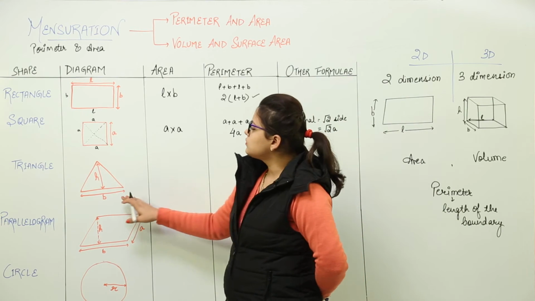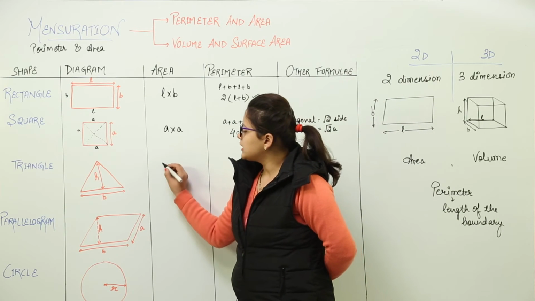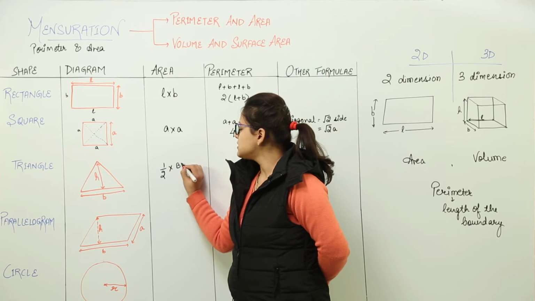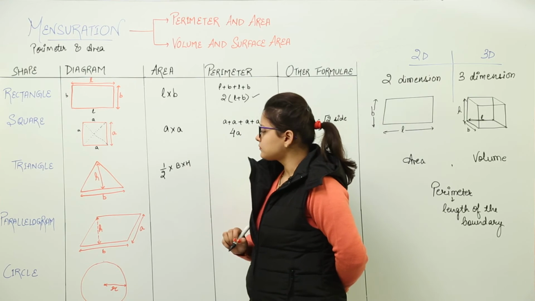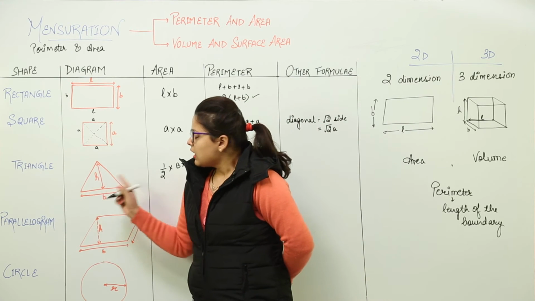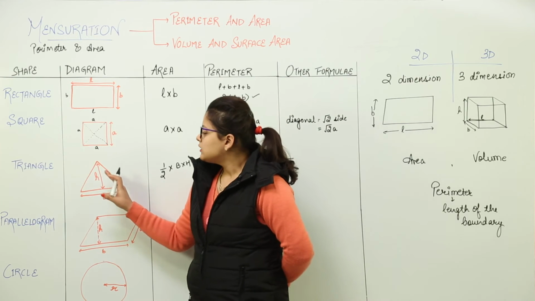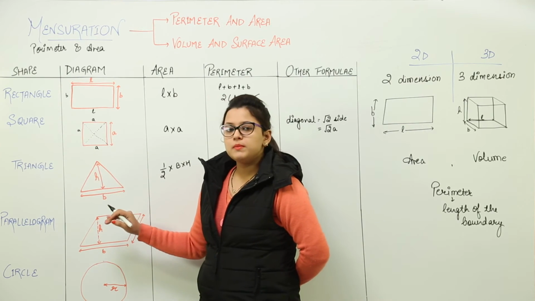Now let us move on to the triangle. Area of a triangle is equal to 1 by 2 into the base into the height. One more thing I want to explain before moving forward is that your height depends on what base you are taking.